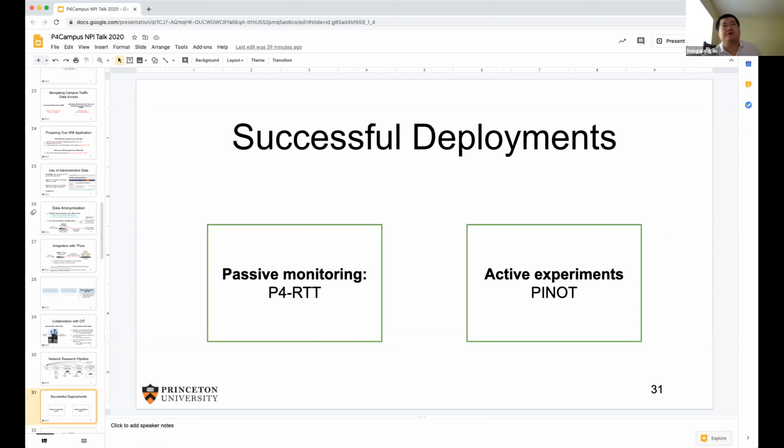Will you build up an operations team and handle all this online? How does it work in the campus network?